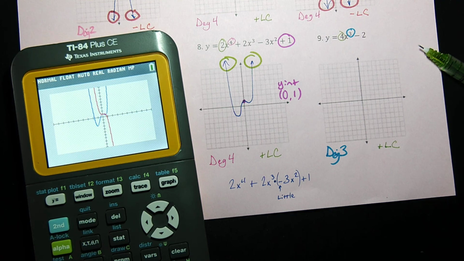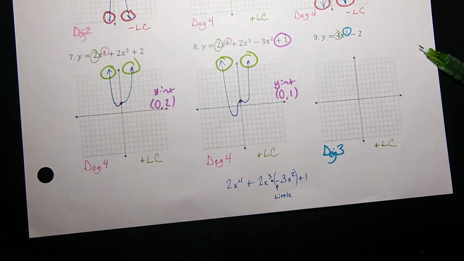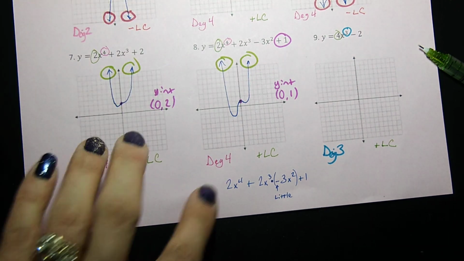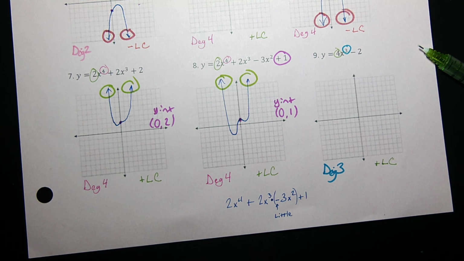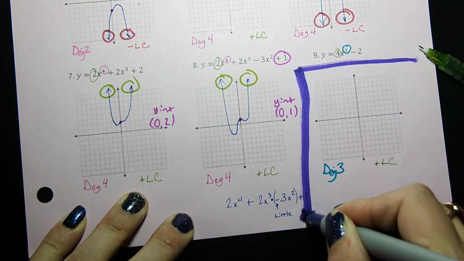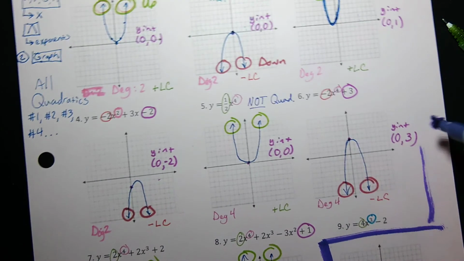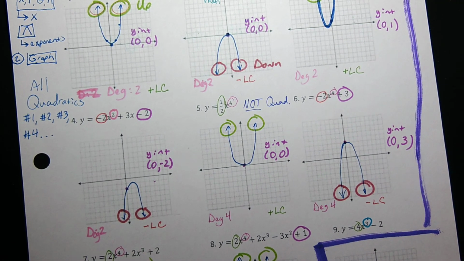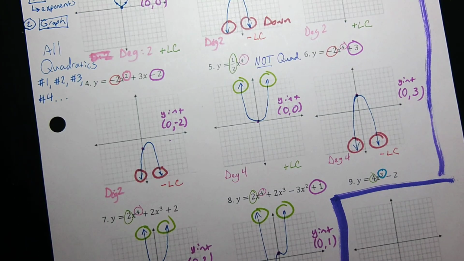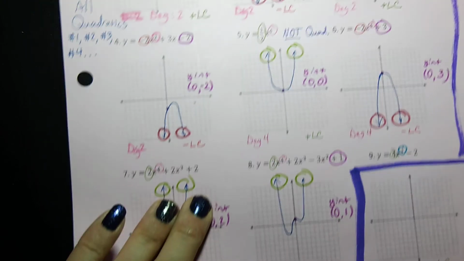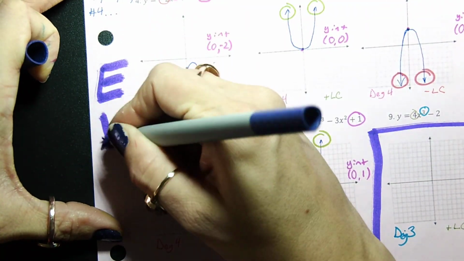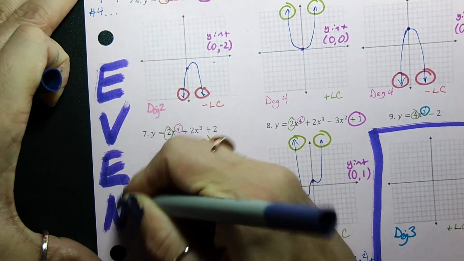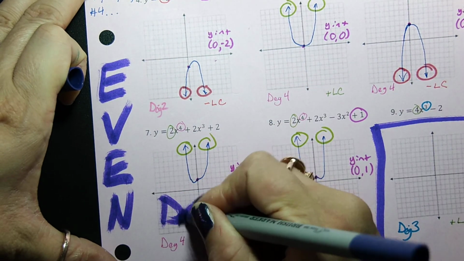All right, folks, so at this point, all of the graphs that we have looked at, all of these graphs so far, have been even degree. So in the margin here, let's write E, V, E, N, even degree.